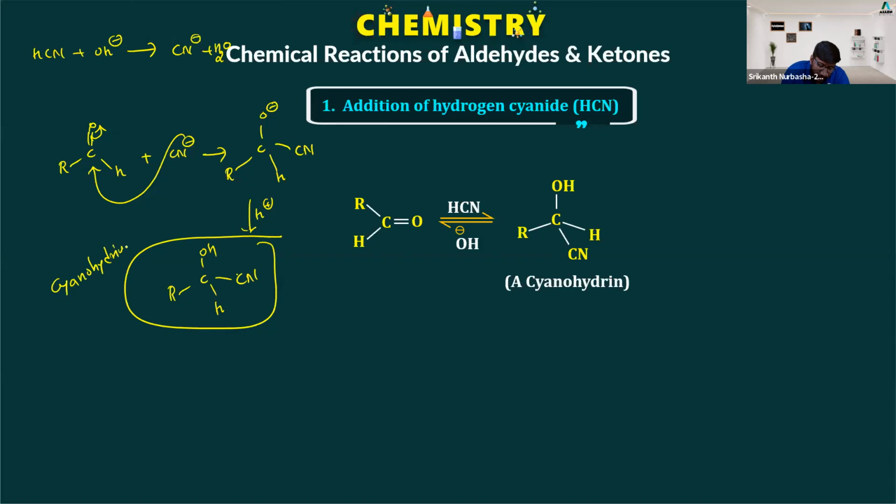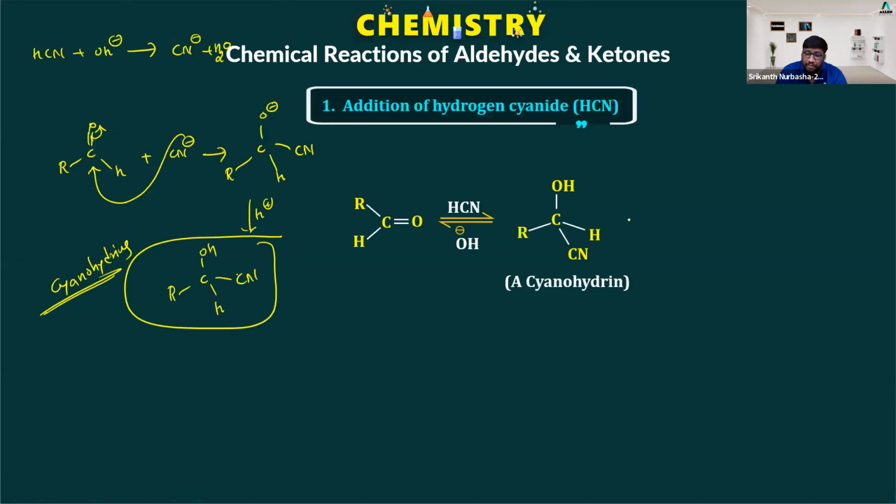Whenever you add HCN to an aldehyde or ketone, you will generate a cyanohydrin. That cyanohydrin, depending upon the R group and hydrogen, can be optically active or optically inactive. If R and hydrogen are the same, let us say both are alkyl groups or both are hydrogens, in that case it is optically inactive.